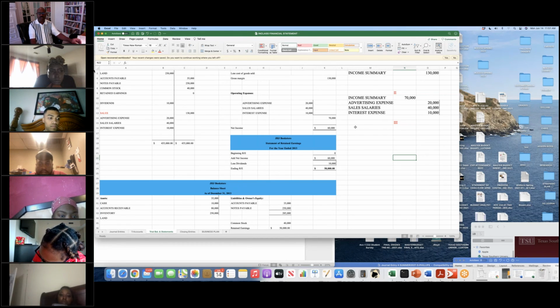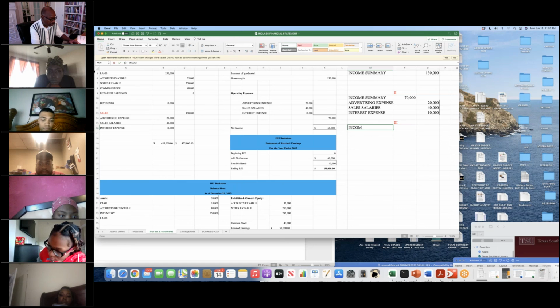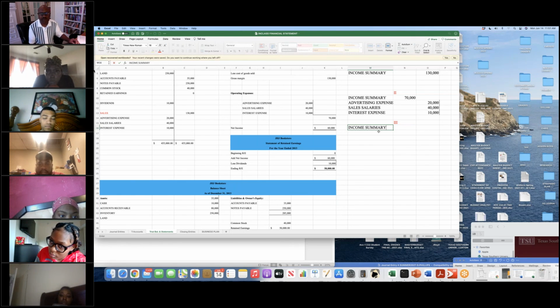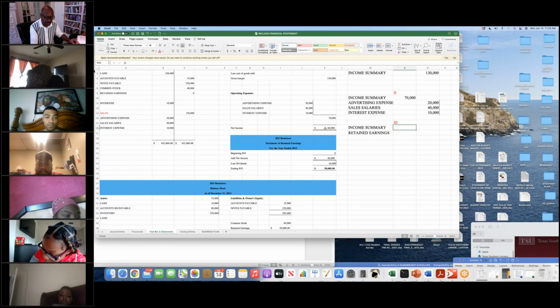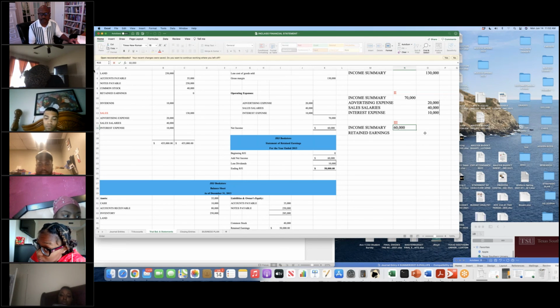So we're going to debit what? Income summary. We're going to credit what? Retained earnings. So the amount is always the net income. If you had a loss, these would be reversed.